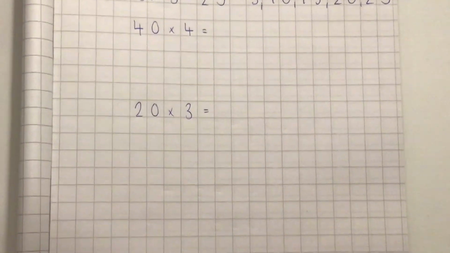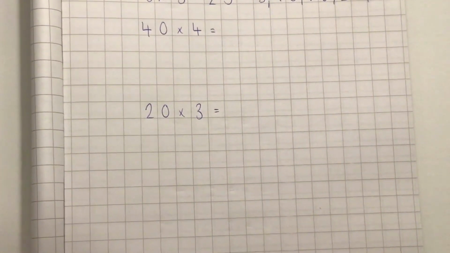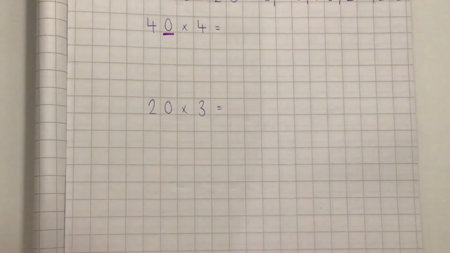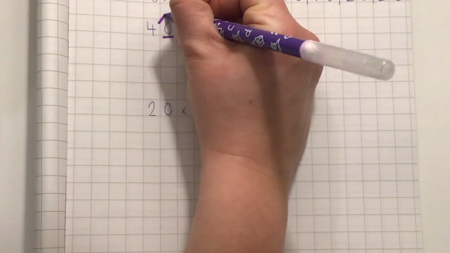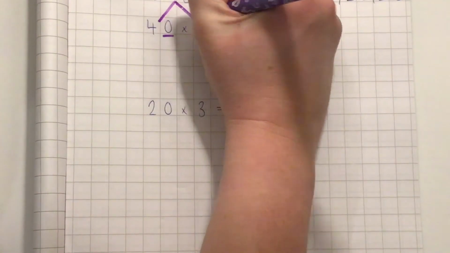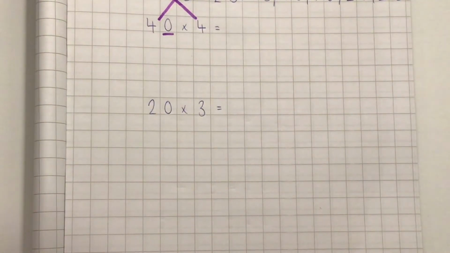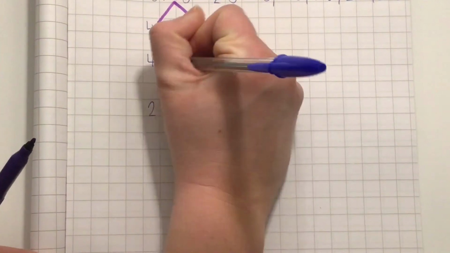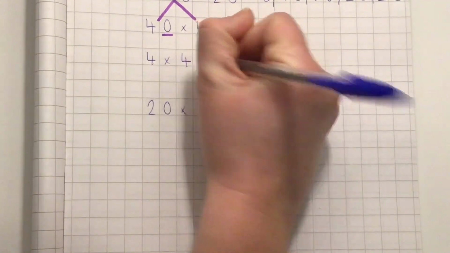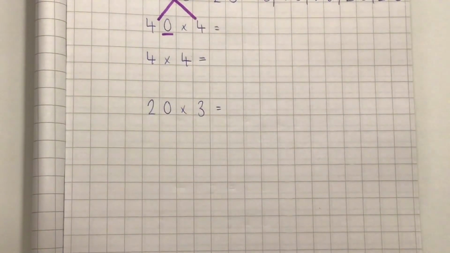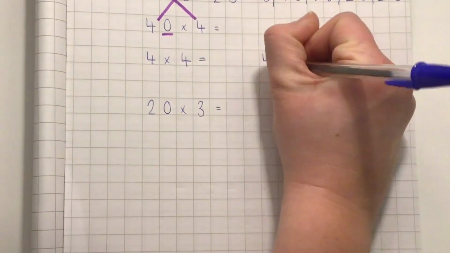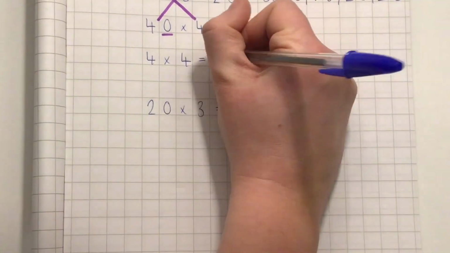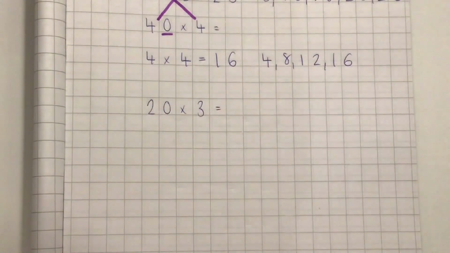Let's have a look at our second question. 40 times 4. Again, ignore that 0 for now. Draw your wizard's hat from the 4 in 40 to the number we are timesing by, which is 4. Our new multiplication, we have 4 times 4. Okay, let's count up in 4s 4 times. So 4, 8, 12, 16. So 4 times 4 is 16.